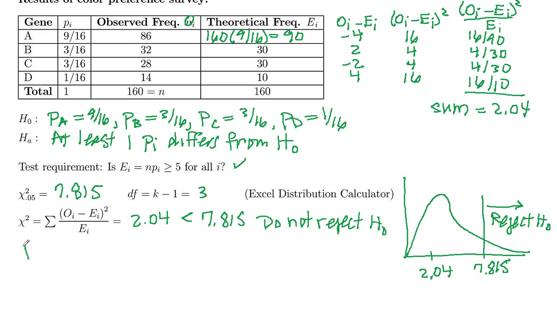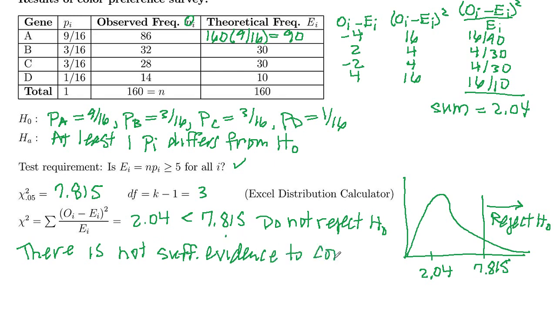So formally, we would state that there is not sufficient evidence to conclude that the alternative hypothesis is true. Our alternative, remember, is that the probabilities differ from H0. So that is, the probabilities differ from the theoretical value.